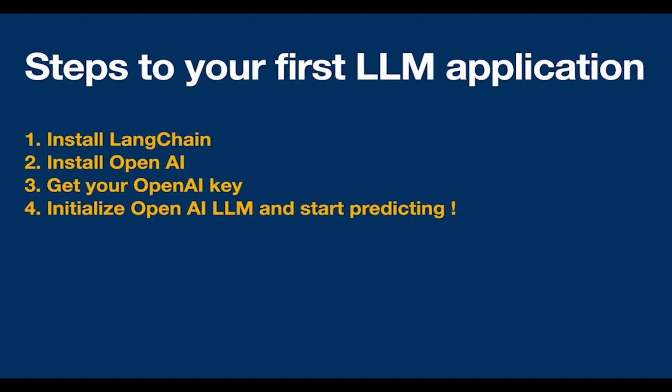Then we need to get our own OpenAI key after registering with OpenAI. Then we will initialize the OpenAI LLM class to start our predictions. We will provide the input parameter to that LLM class and get the output as a result. So let us see those 4 steps in action.